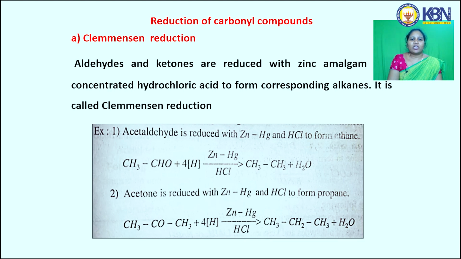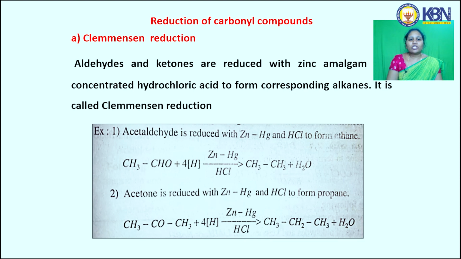Let us take one example. Here acetaldehyde is reduced to ethane in presence of zinc amalgam and hydrochloric acid, resulting in the formation of water molecules. In the second example, acetone is reduced to propane in presence of zinc amalgam and hydrochloric acid, with the elimination of a water molecule.